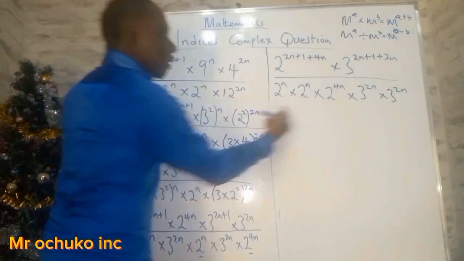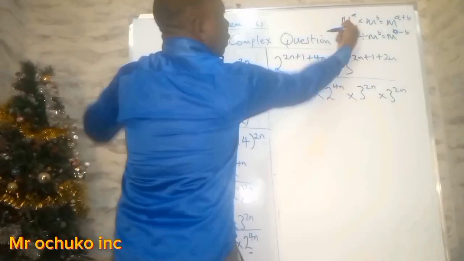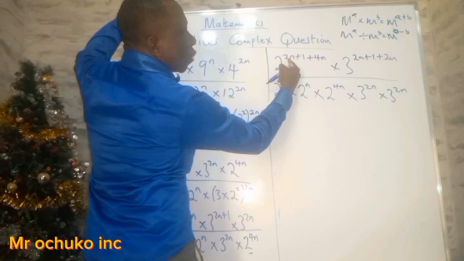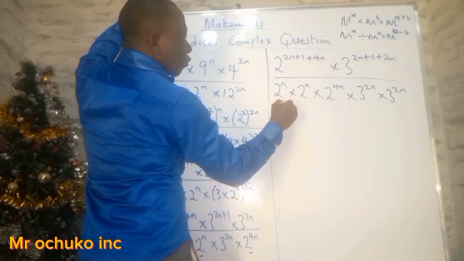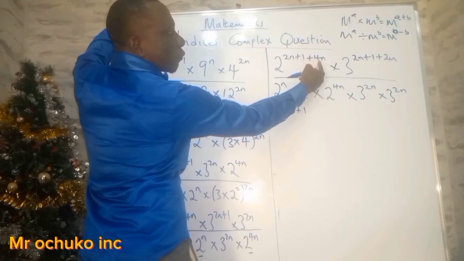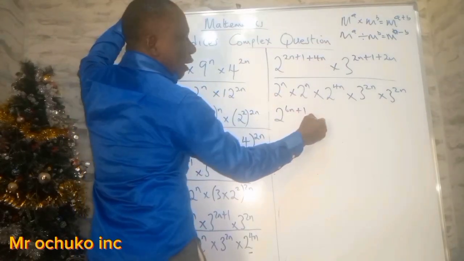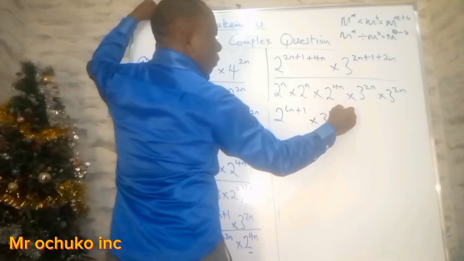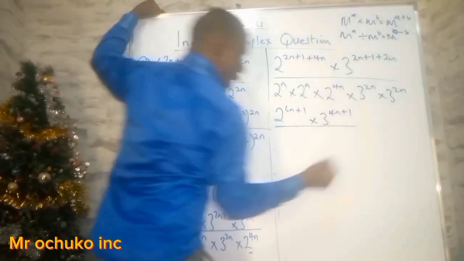So then let's also apply the first law there. But let's try to solve the numerator. We can still solve this. 2n plus 2n, we have 2 raised to power 6n plus 1, because 2n plus 2n plus 4n is 6n. Then times 3 raised to power 2n plus 2n, which is 4n plus 1. All over.